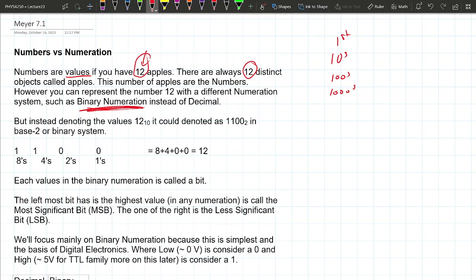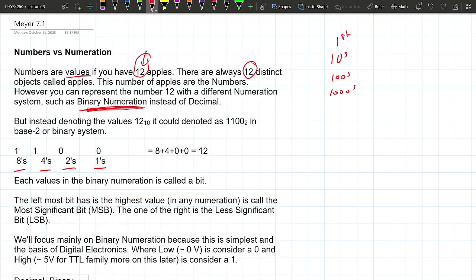In binary, the places are ones, twos, because the biggest number that a binary digit can represent is 0 and 1. So the next place is the twos place, then the fours place, then the eights place. These are all powers of 2: 2 to the 0, 2 to the 1, 2 to the 2, 2 to the 3.